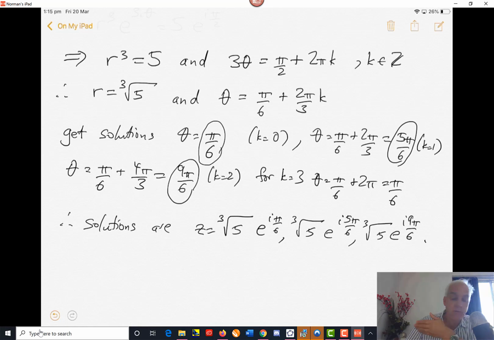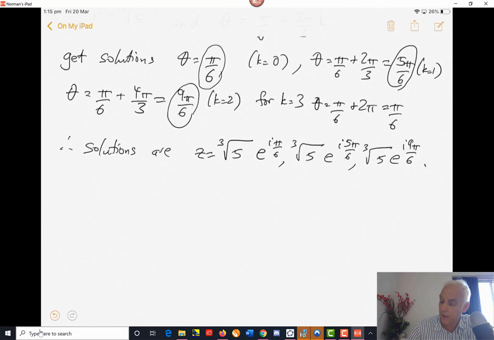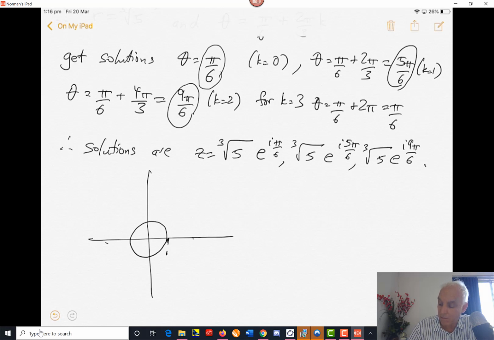These could perhaps be simplified. We do know that pi over 6 is the same as 30 degrees, so we could write this in Cartesian coordinates if we wanted to, but it's useful to just regard it like this. And geometrically, what are we getting? There's our unit circle. The cube root of 5 is a little bit bigger than 1, but not as big as 2. So maybe here is r equals the cube root of 5.